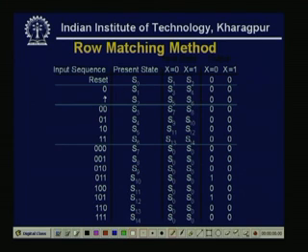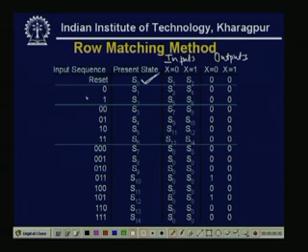First is the input sequence: if reset, then the present state is S0, as always. Now, if x equals 0 it goes to S1, if x equals 1 it goes to S2. These are the inputs, and these are my outputs. Outputs are 0.